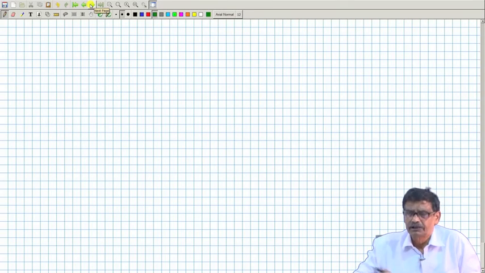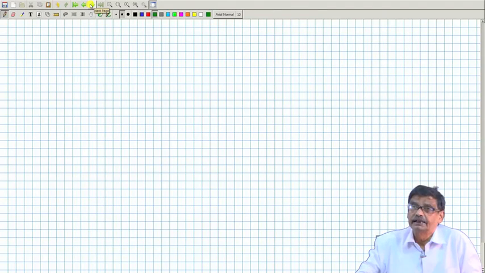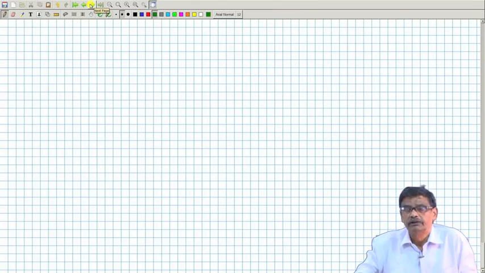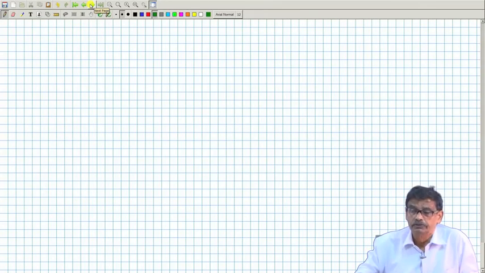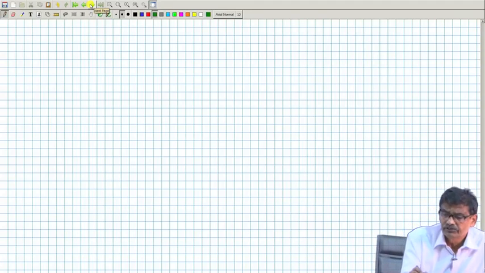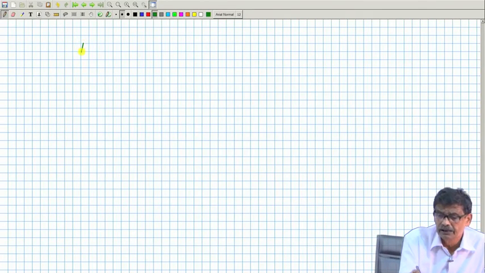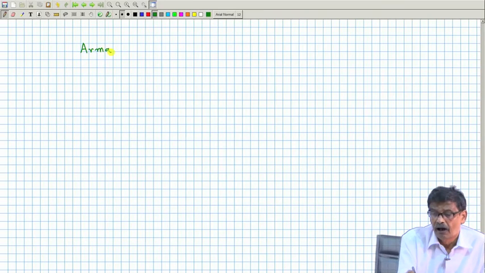This much voltage you also subtract from the generated voltage, and then you get the terminal voltage. But there is another cause for which the terminal voltage will fall, and that is due to armature reaction. So, first what I will do is discuss armature reaction.